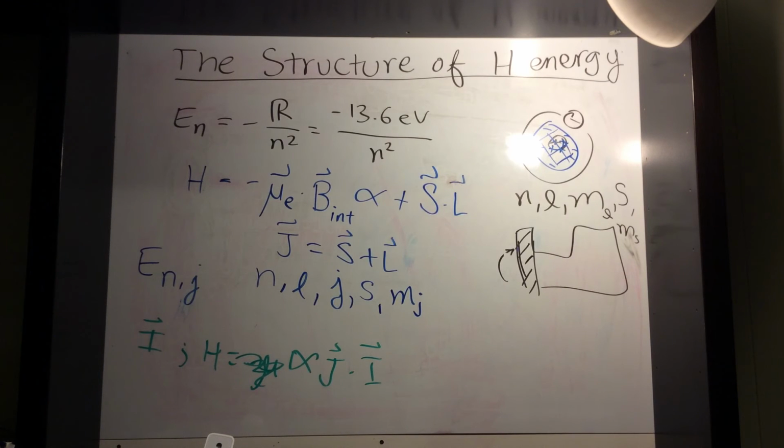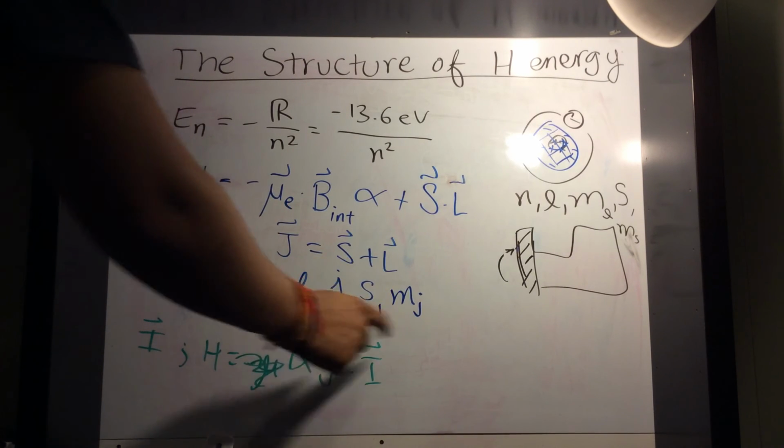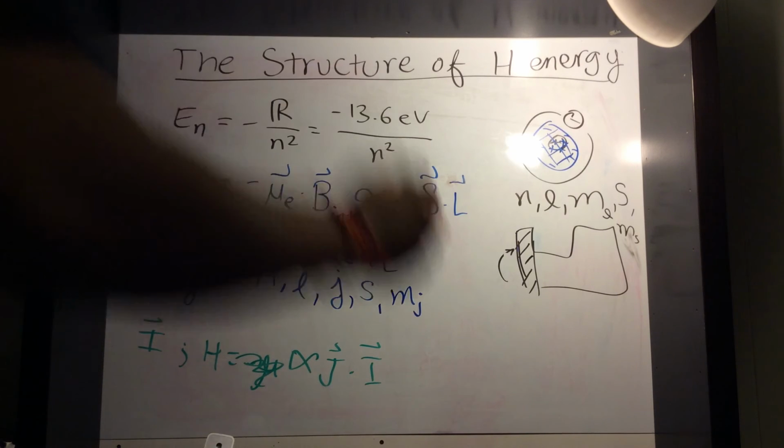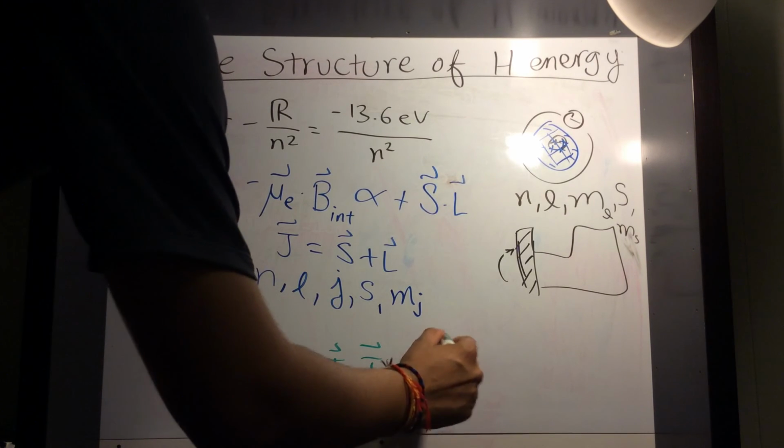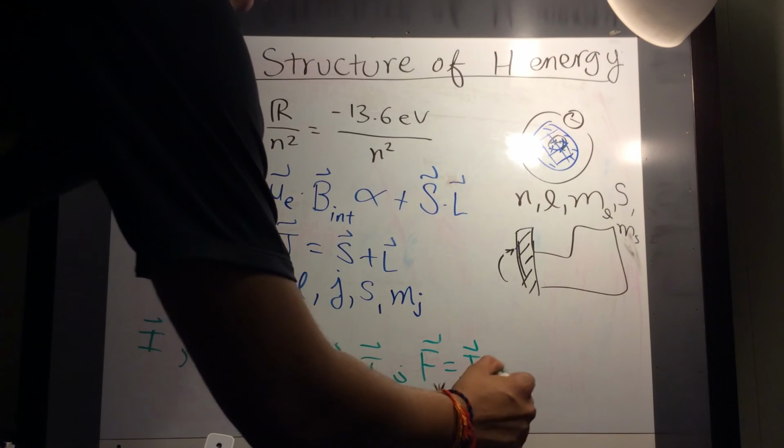So you have to get rid of knowing this MJ, and you have to define another quantity. In this case, we call it F, which is the sum of J plus I.